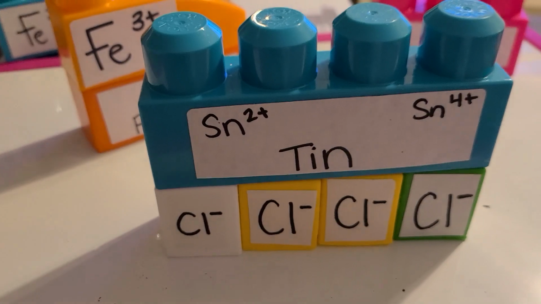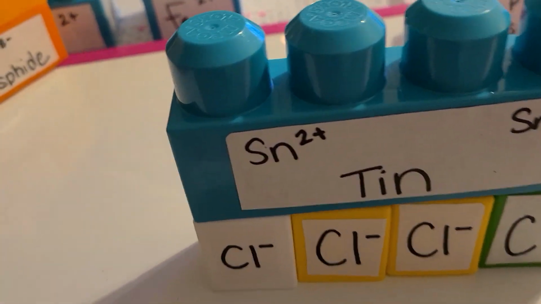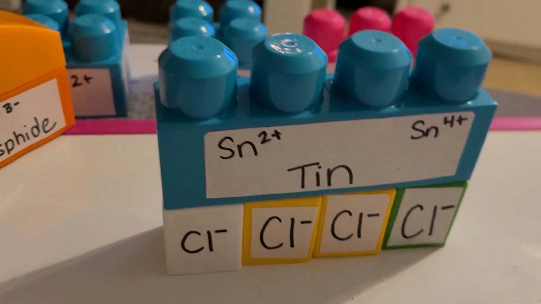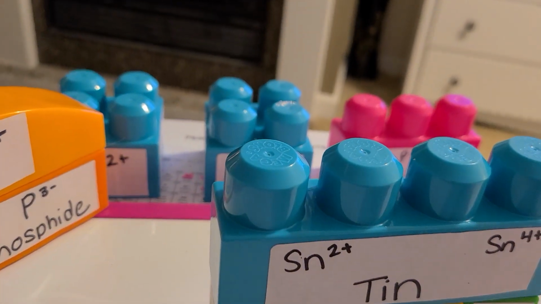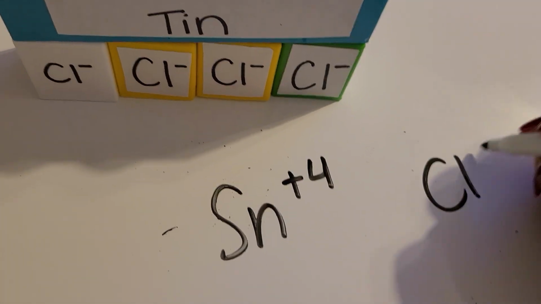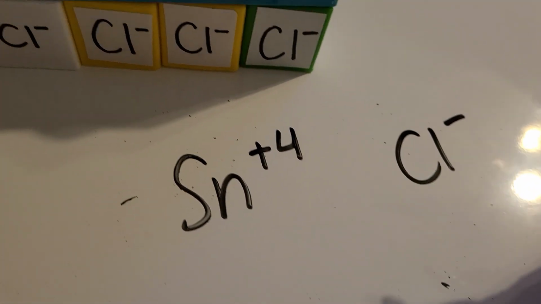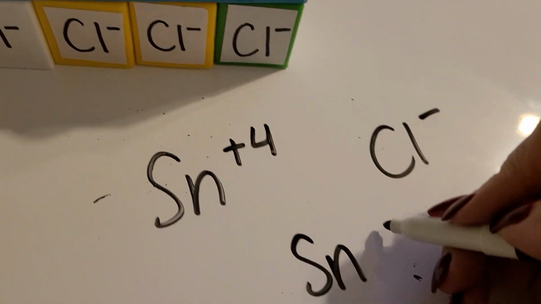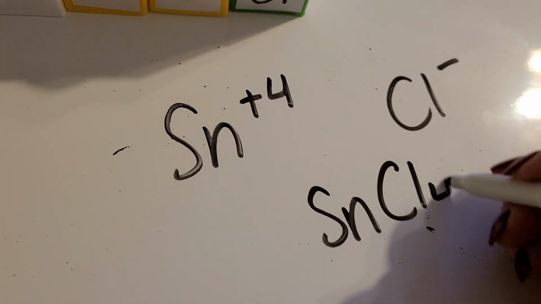So there's a big, huge molecule there, and it's going to be tin. So tin is Sn +4. Chlorine is a -1. So when you crisscross those charges, you'll get Sn1 invisible and Cl4.